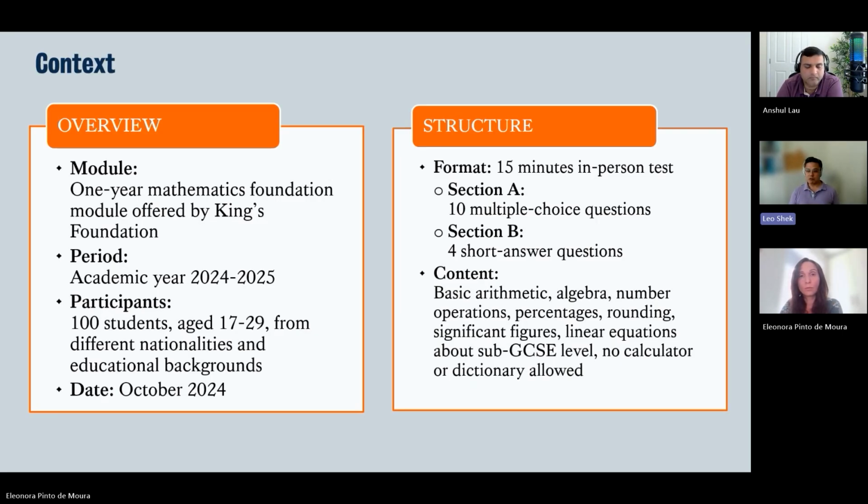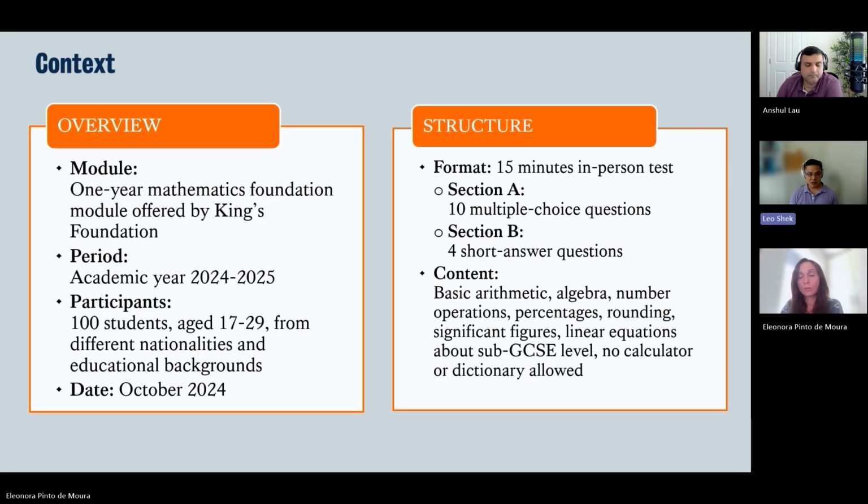The test itself has two sections: 10 multiple choice and 4 short answer questions. The test is at around GCSE level or below. We did not test at a level as high as A level; we tried to understand whether the students have the basic knowledge, to see whether there's a substantial gap or not, and they cover basic mathematics concepts like basic arithmetic, algebra, and number operations.